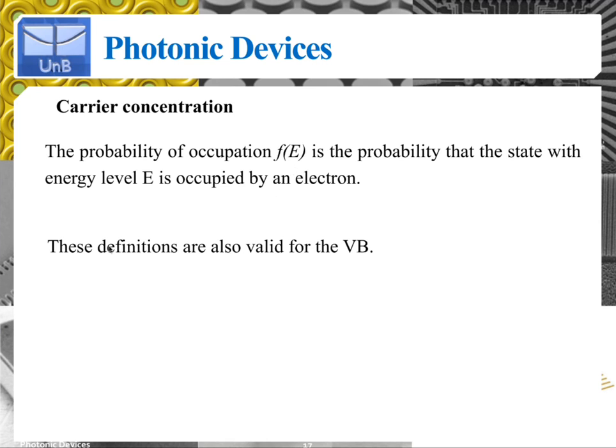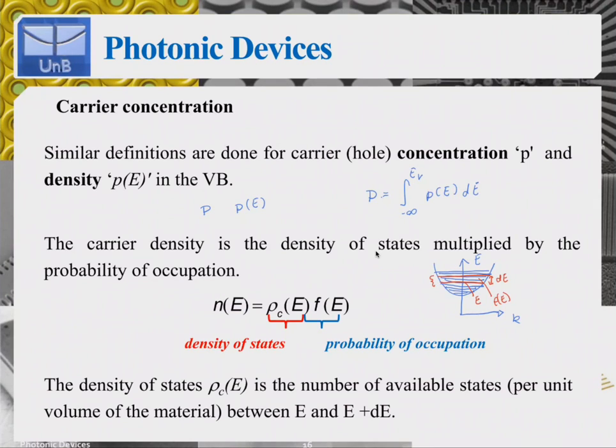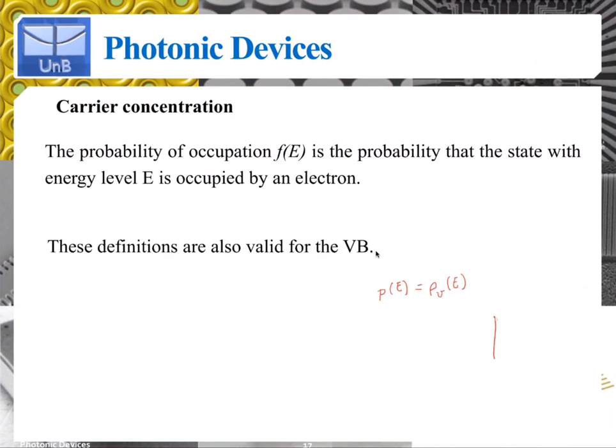Of course, completely analogous definitions can be made in the valence band. So in the valence band, you can write that p of E, the hole density, is equal to the density of states in the valence band, which is a function of energy as well.